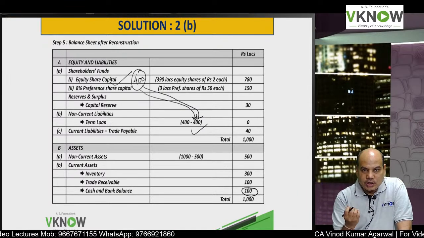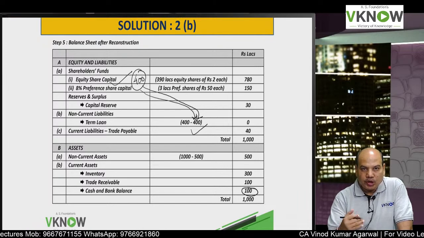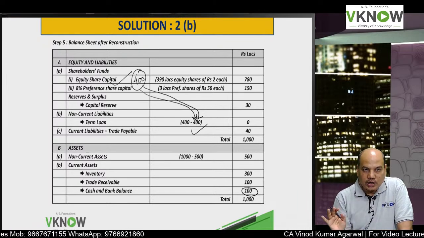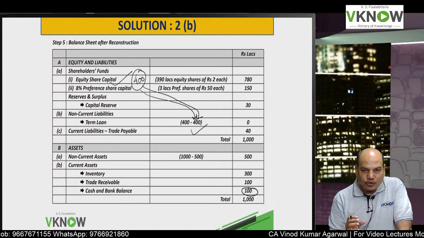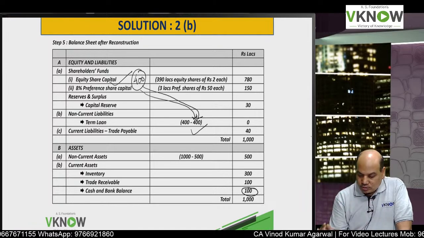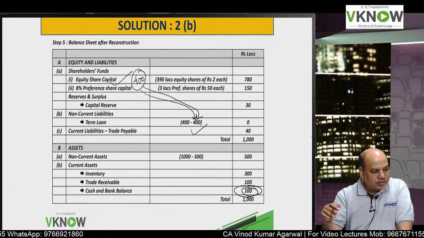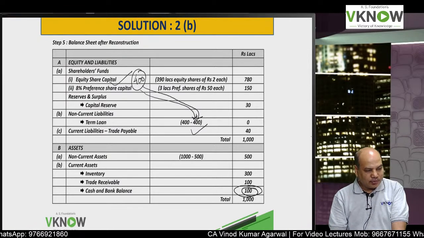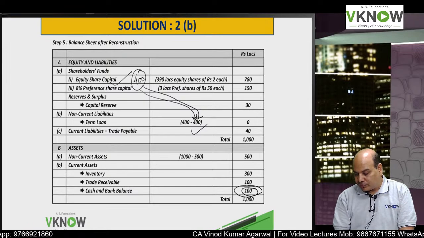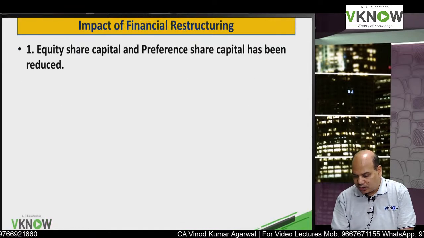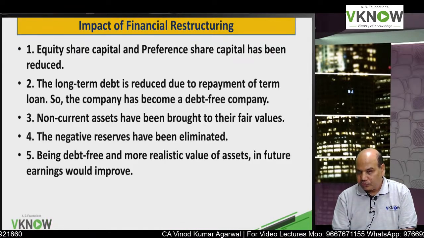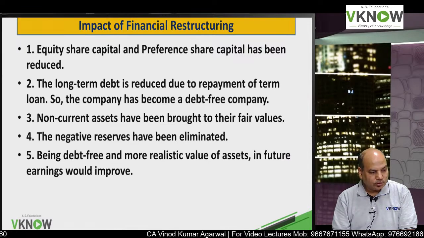Equity share of 400 lakh was raised to repay the term loan of 400 lakh. So 400 inflow minus 400 outflow. The existing cash balance appearing in the balance sheet will remain same. So that was a very good question and that is the answer. Cash balance will not change because the inflow and outflow was same.